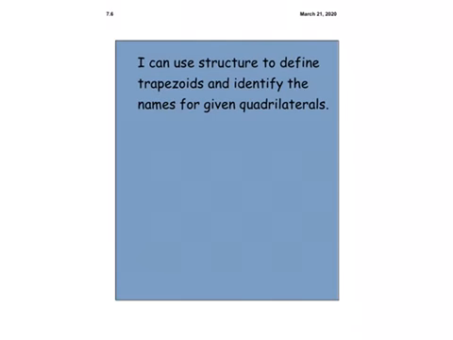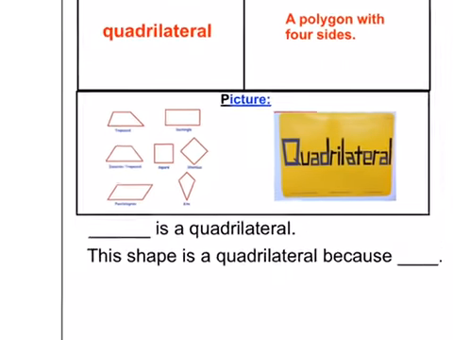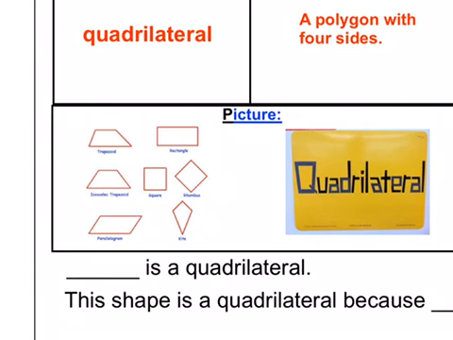Here's the last part of lesson 6. I can use structure to define trapezoids and identify the names for given quadrilaterals. So a quadrilateral is a polygon with four sides. And you can see there are all these different pictures of quadrilaterals. They are all quadrilaterals because they have four sides.